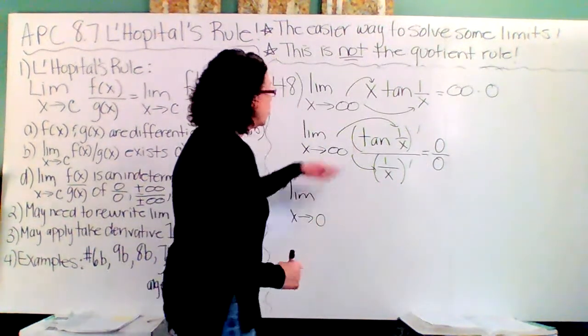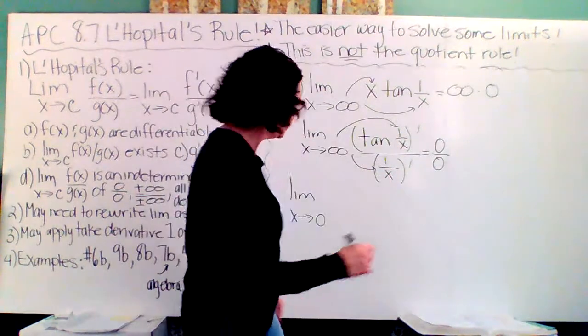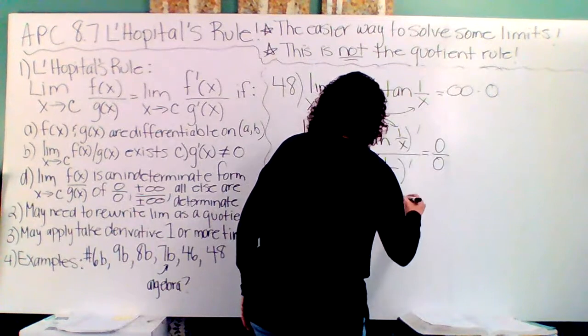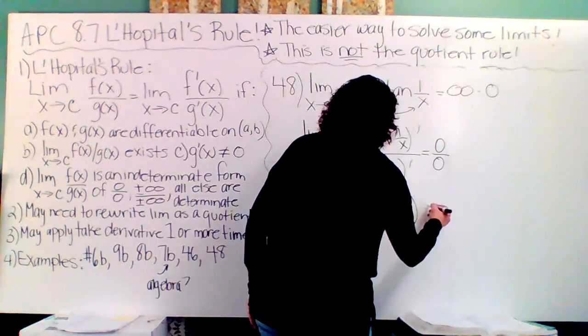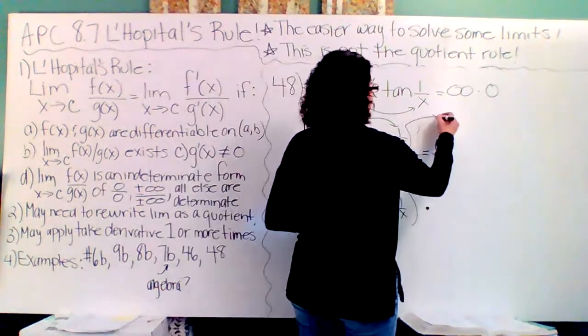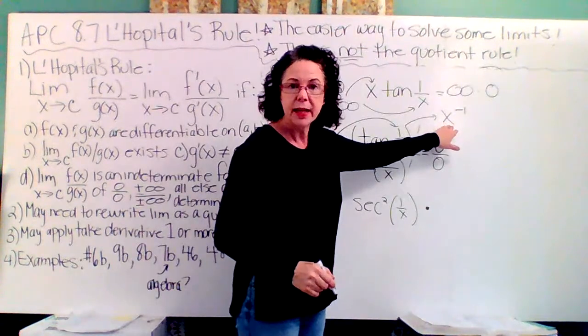All right, so the derivative, chain rule here: tangent of anything is secant squared of anything times the derivative of the inside function. This is 1 over x. I could write that as x to the negative 1.